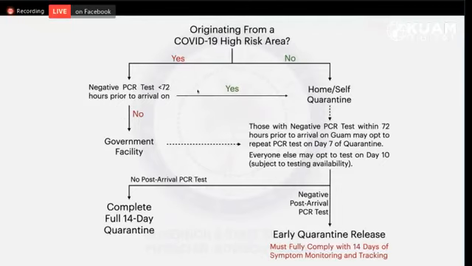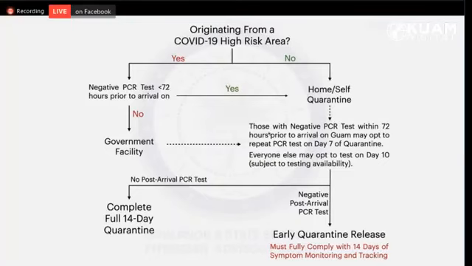If the answer is yes, you do have a negative test, then you can proceed to home self-quarantine. If you don't have that, then you will be quarantined in a government facility. So in either case, you are going to be quarantined. The question is just whether you'll be at home or at a government facility.